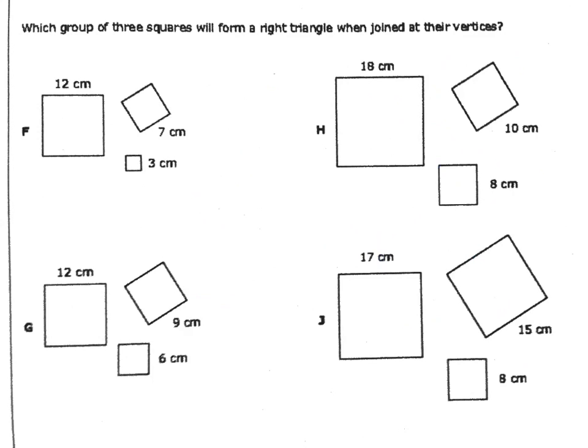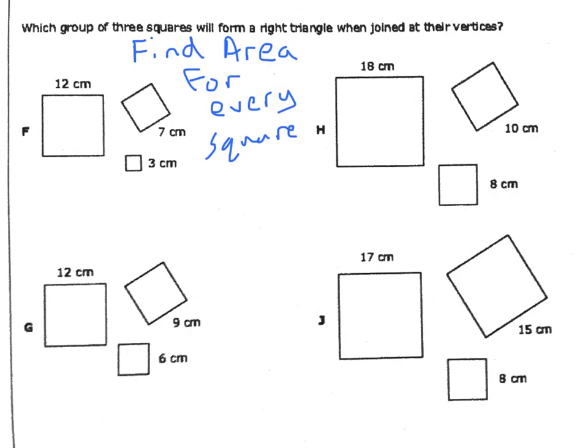So what I want you to do here is find the area for every square and figure out which one of these answer choices fits the Pythagorean theorem.